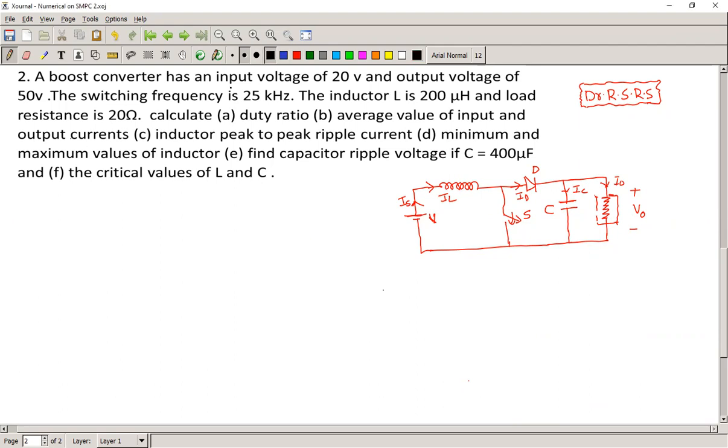A boost converter has an input voltage of 20 volts, and an output voltage of 50 volts. The switching frequency is 25 kilohertz.